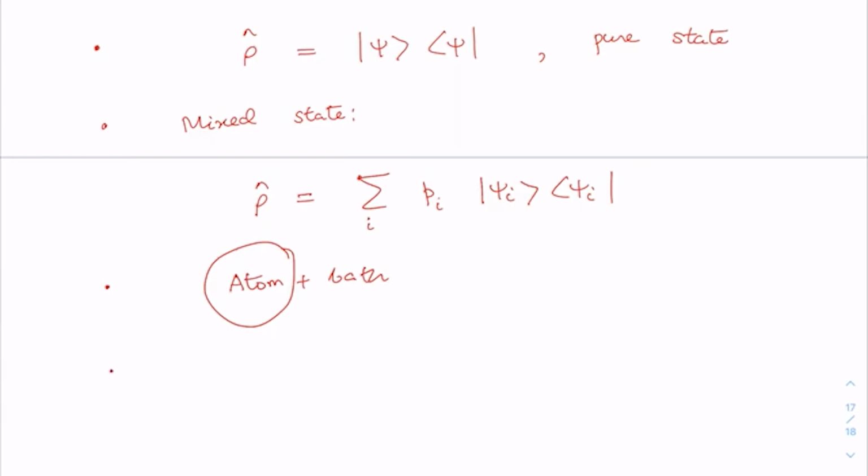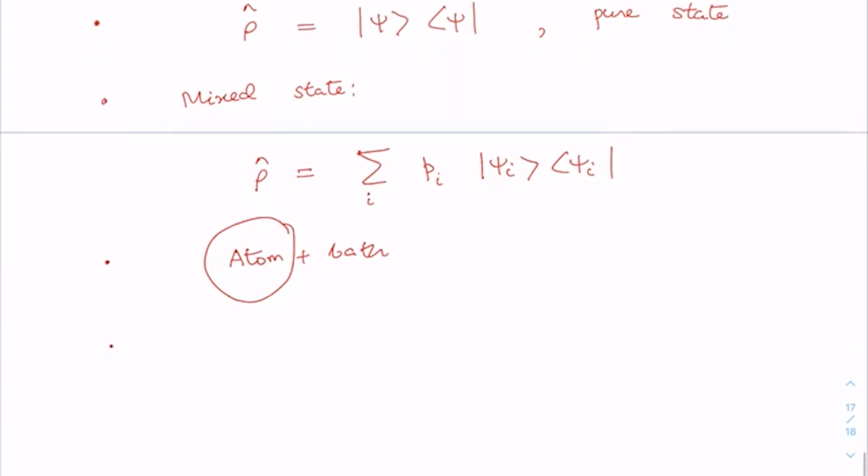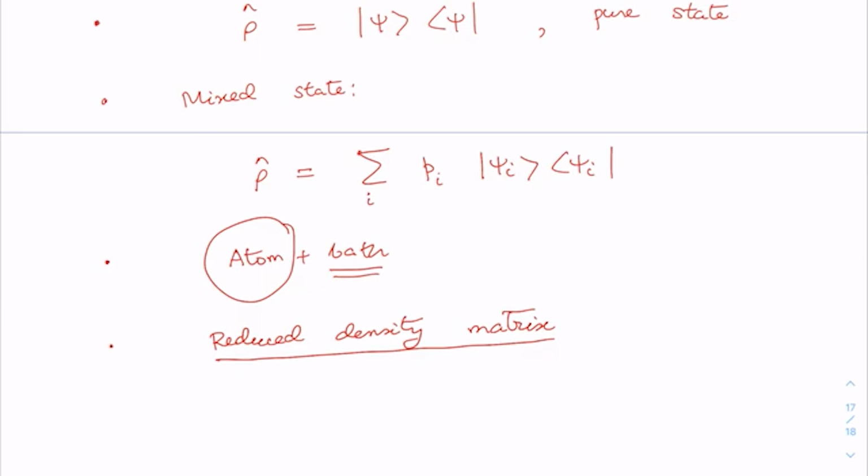Then rather than the full density matrix, we can use the so-called reduced density matrix, and using it we can just trace out the bath and focus on the atomic part only. And we have already discussed the reduced density matrix formalism as well.